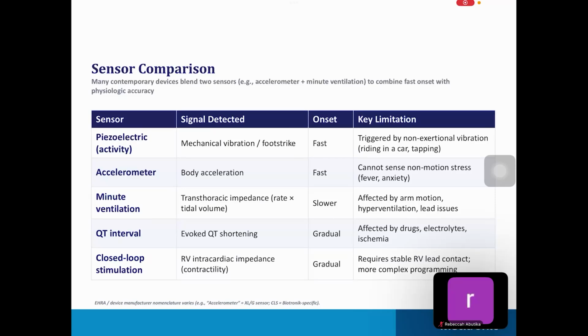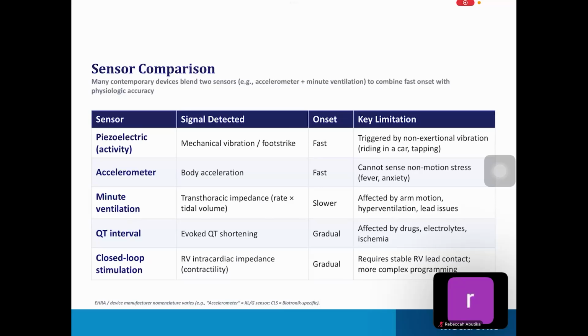But the rate drop response feature will monitor the heart: if the patient has intrinsic A sense V pace, or A sense V sense at 100 beats per minute, and during tilt table the heart rate decreases to 60 or 40, the rate drop response will notice this.